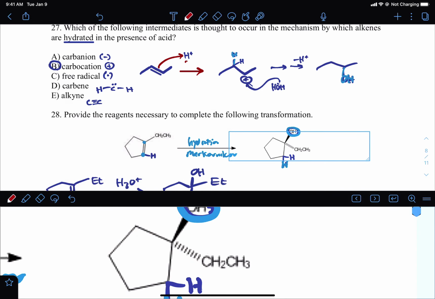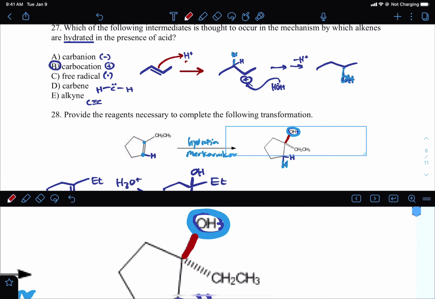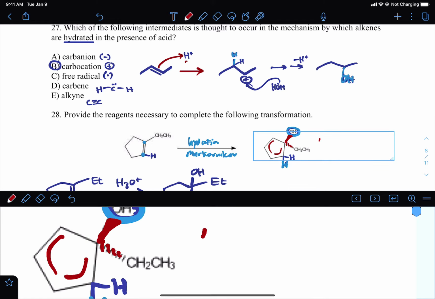The wedges and the dash here can be a little bit deceptive. Yes, one group has to be wedged. The other group has to be dashed. But it doesn't matter which one because the ring is symmetrical on both sides. So there's not a stereocenter, no stereochem.